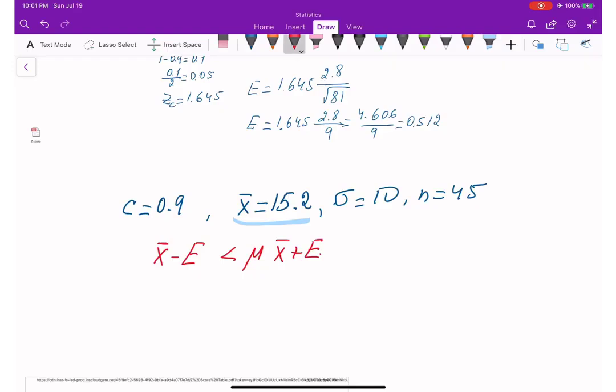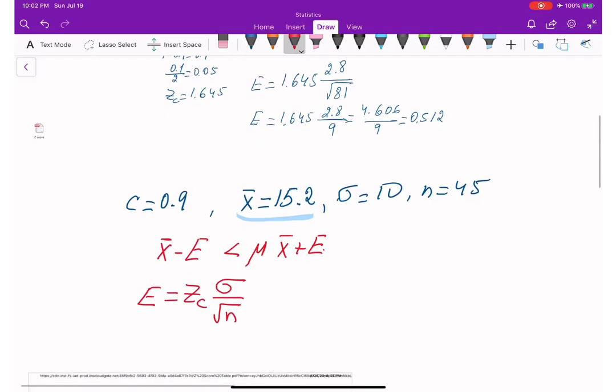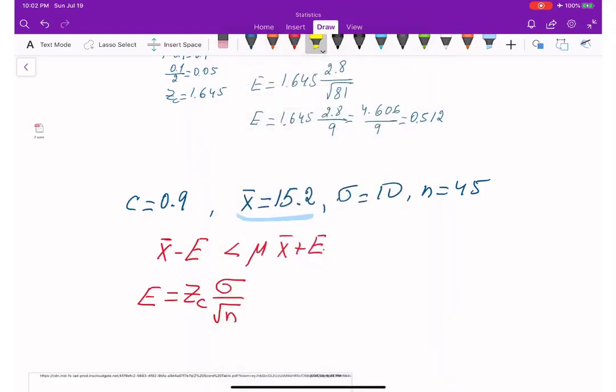So for margin of error, we already know the formula is equal to z critical times sigma over square root of n. Let's see what we have here. We have sigma, here it is, 10.